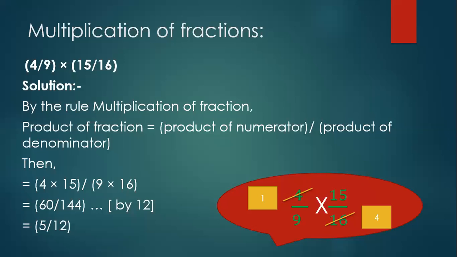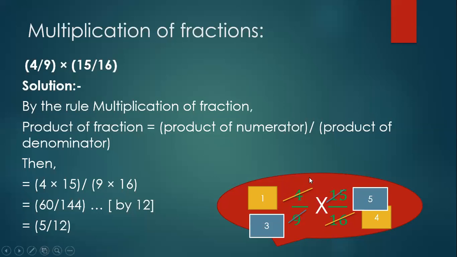Now children, in the table of 9, 15 doesn't come. But I can clearly see that 15 and 9 both are divisible by 3. Obviously, in 3's table, 9 comes 3 times, 15 comes 5 times. So we are going to cancel them both and write 5 and 3. Is this clear to you?